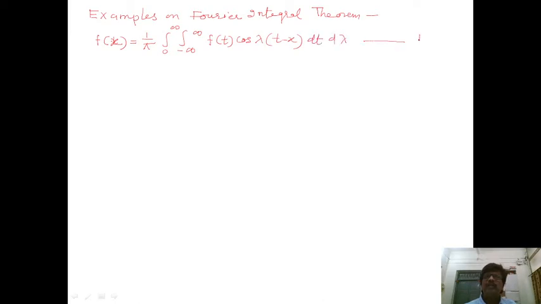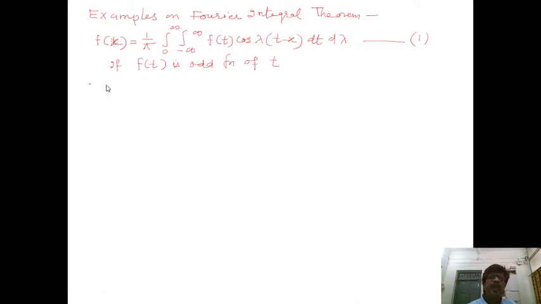We have seen this. Now we shall derive the two versions of this Fourier integral theorem. Consider f of t is an odd function of t.